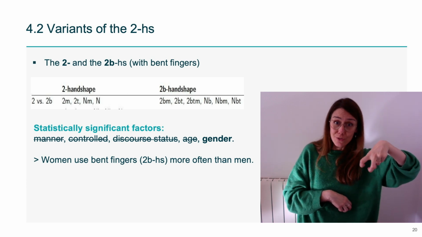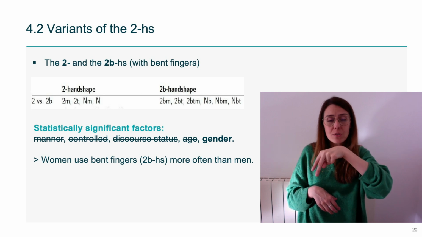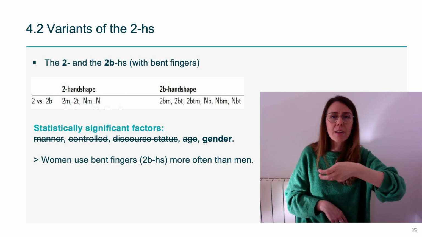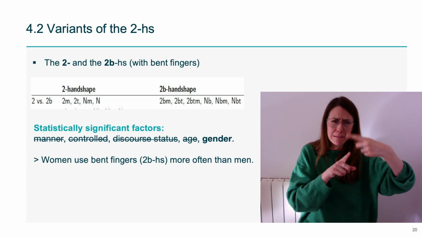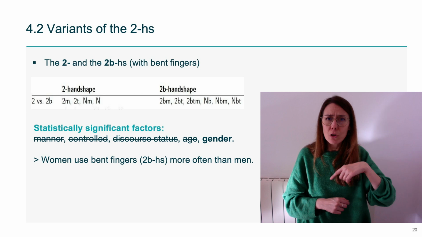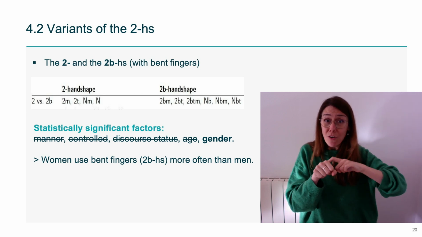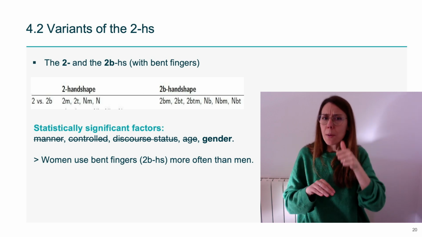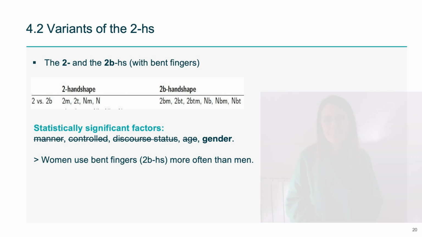In order to do that, we grouped the different hand shapes under the two hand shape, where we have all the variants that didn't have bent fingers, while in the group of the two hand shape with bent fingers, we had all the variants where bent fingers were used. The only statistically significant factor that we found influencing the choice between these two hand shapes was gender. So we found that women use bent fingers more often than men.